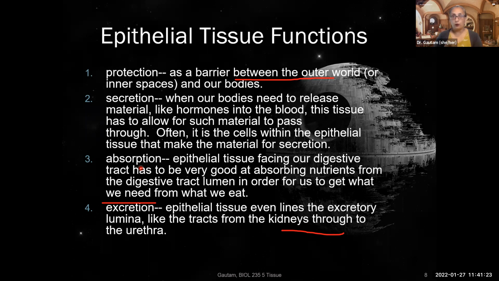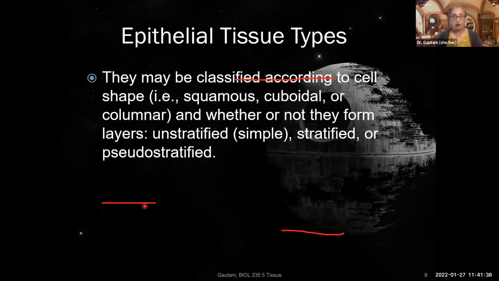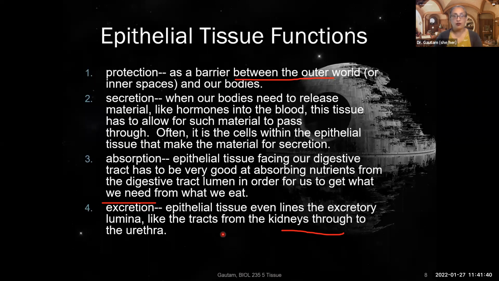Those food monomers that are released, and they're going to absorb them and pass them on to the blood. Okay, they also have a role in excretion. And so where would these be? Clearly in our excretory tracts. So urinary tracts, so also in the kidney, also in the tube that urine passes through. And so that's the urethra. Okay.